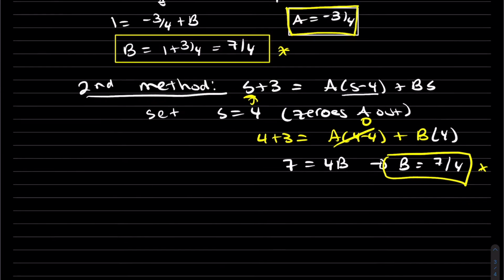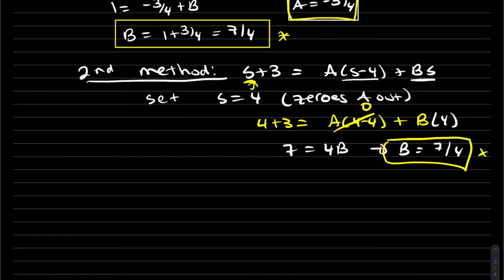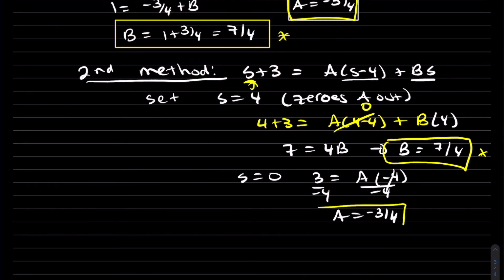And for the last one, we'll zero the other out, s equals 0. So we get 3 equals minus 4a, a equals minus 3/4. Okay, so we got the same answer.